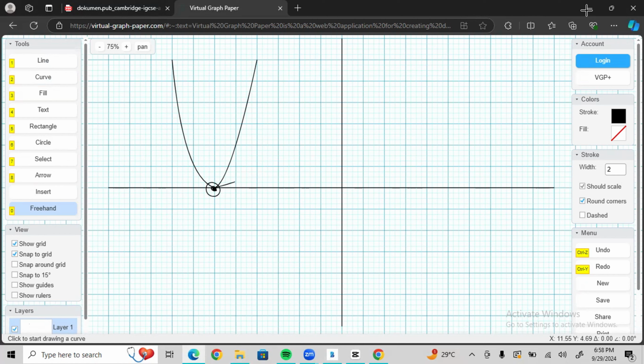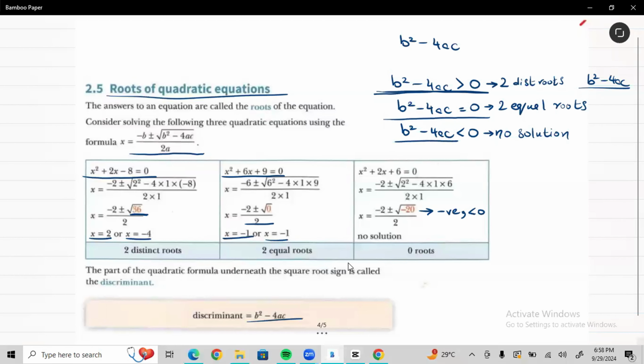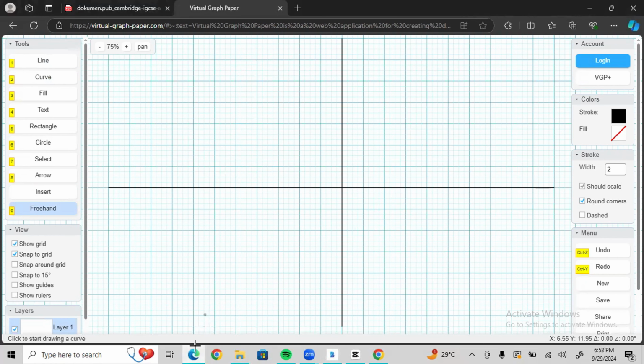And for the third option, which is b squared minus 4ac is lesser than 0, we say there is no solution. And basically, if we draw the graph of the discriminant being lesser than 0, we get a graph of something like that. We make a curve, and we get something like this.